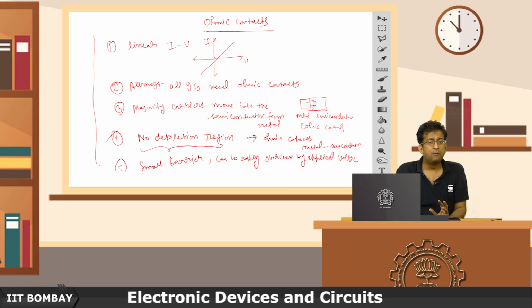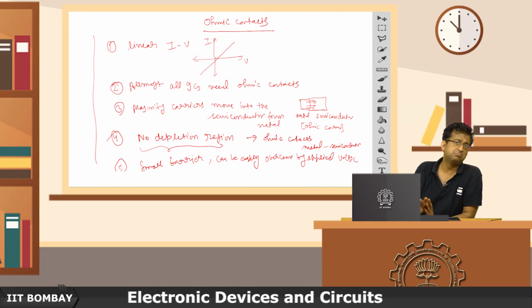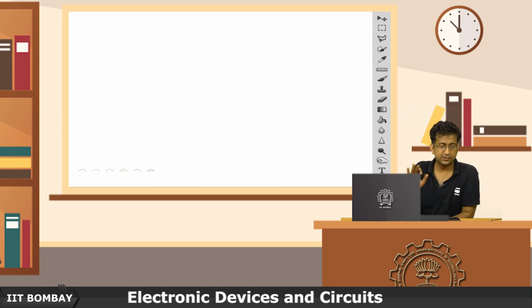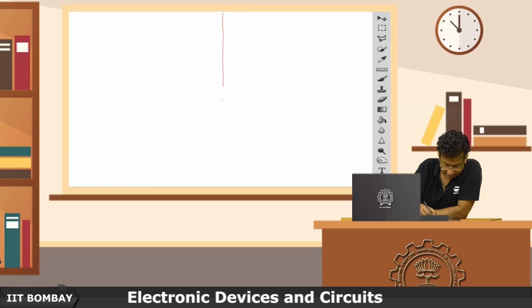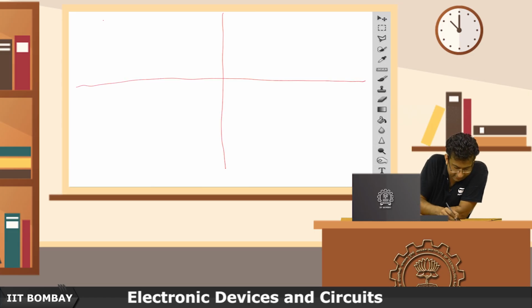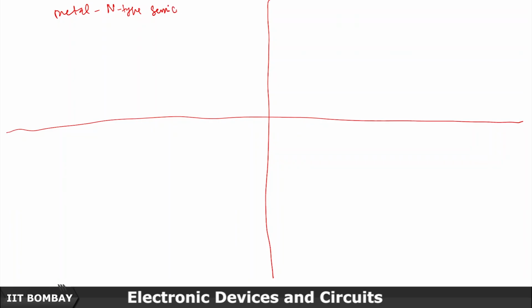Now I am going to show the conditions under which ohmic and rectifying contacts will form for the case of metal and semiconductors, all the different possibilities. Let's consider the case of metal and N-type semiconductor, and here we assume phi m is greater than phi s.